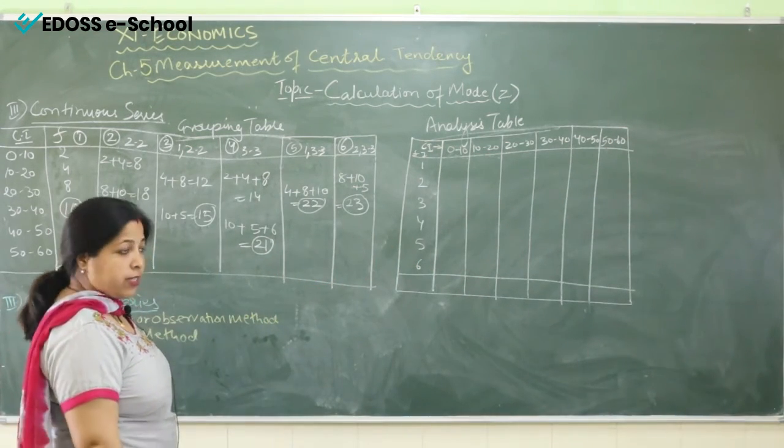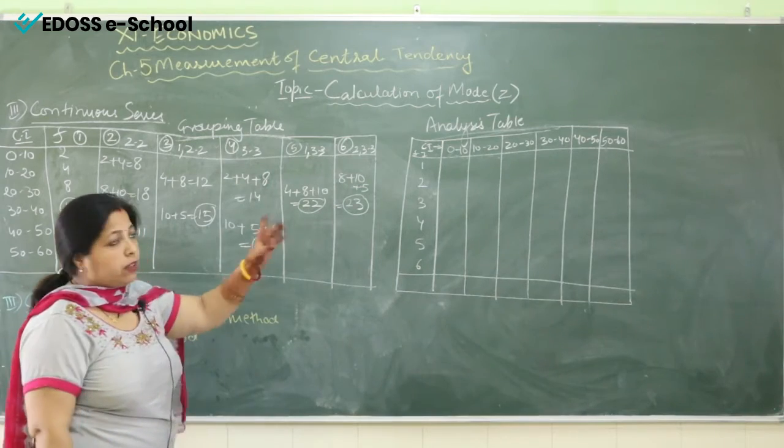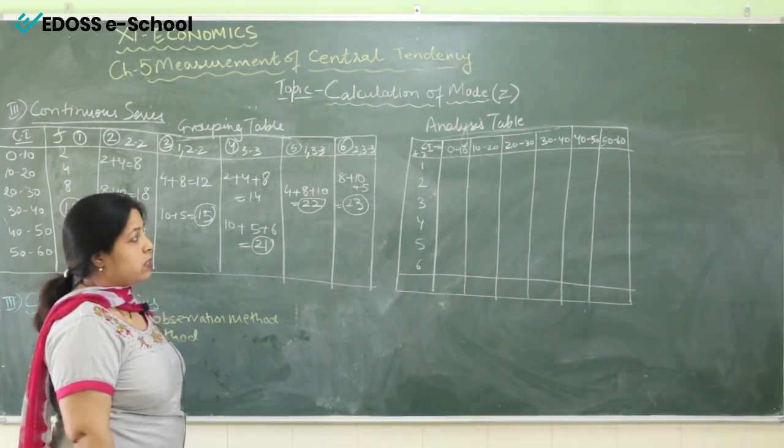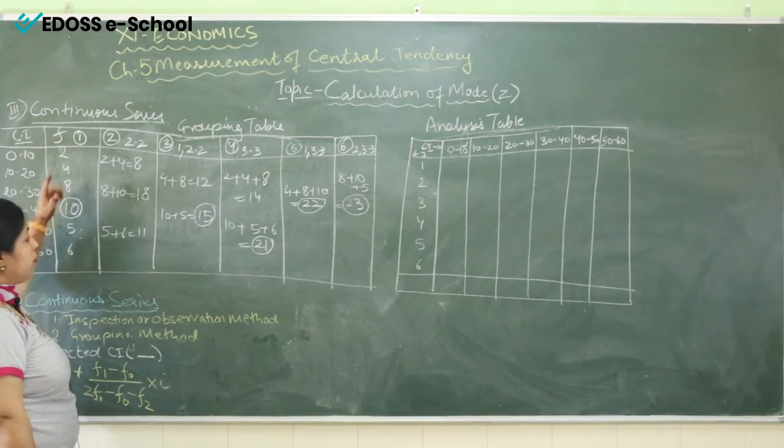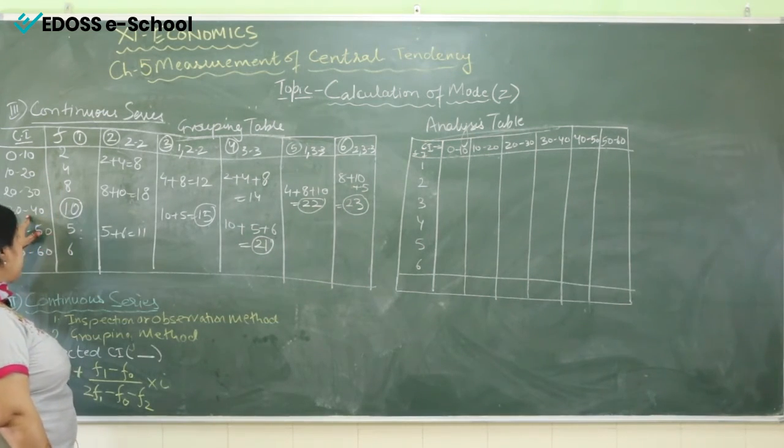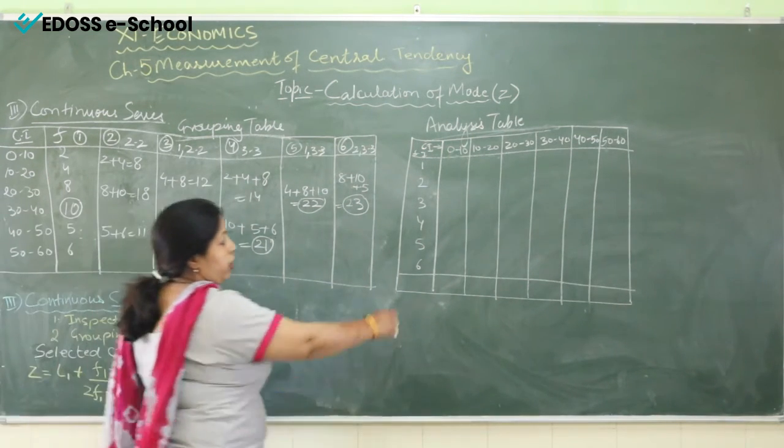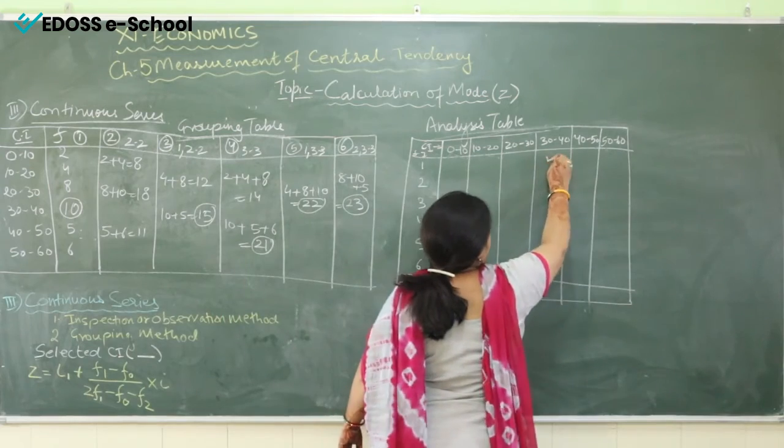Fine. Next step, what we do, we tick the highest frequencies. The first column, highest is 10. 10 किसके सामने है, 30 to 40 के. तो first column में 30 to 40.